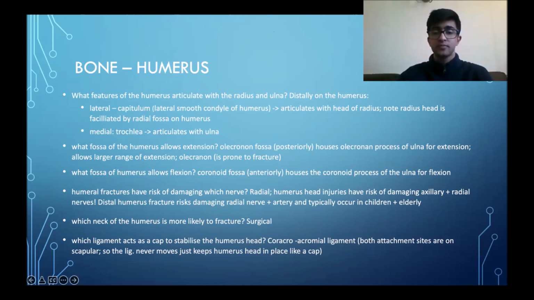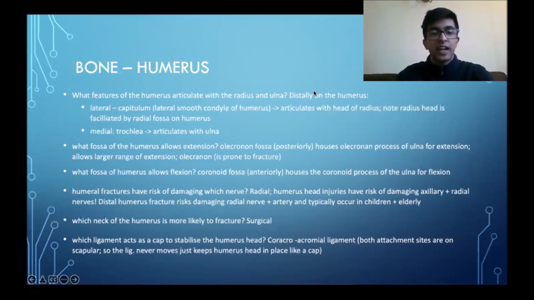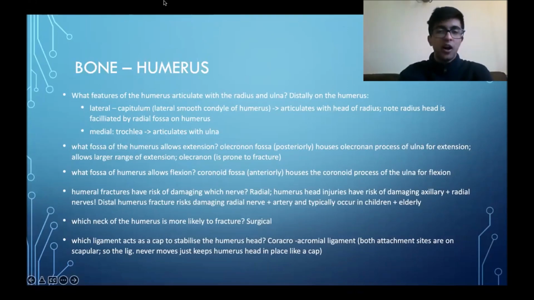There's a question: which neck of the humerus is more likely to fracture? You have two types of necks, the anatomical and surgical. I just remember surgical is kind of like when you're performing surgery, so like you're cutting stuff up. So the surgical neck of the humerus is more likely to be fractured than the anatomical neck. Ligaments are back again.